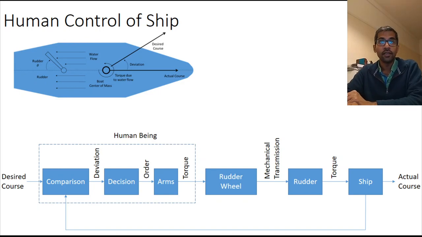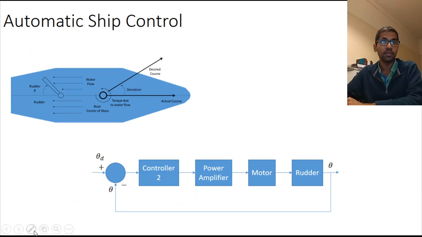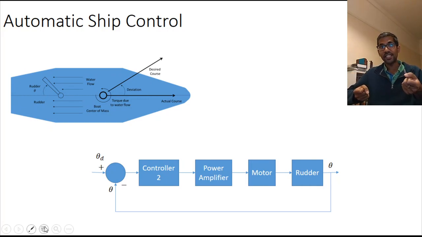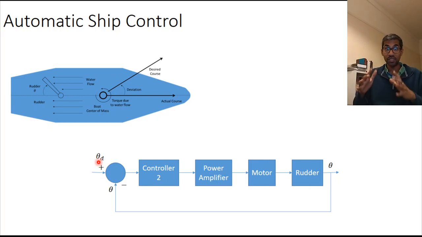Now what we want to do is replace this human being with an automatic control system. As we do that, the first thing we want to do is make a system that can actually control the position of the rudder wheel itself. Let's say we want the rudder wheel to be in direction theta d. So this is not the direction of the ship as a whole, but only the rudder wheel.